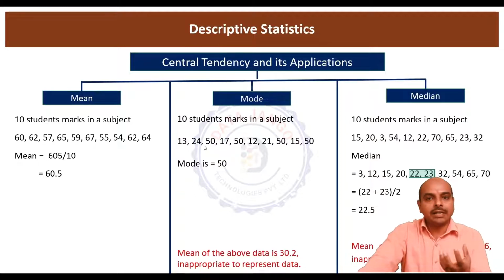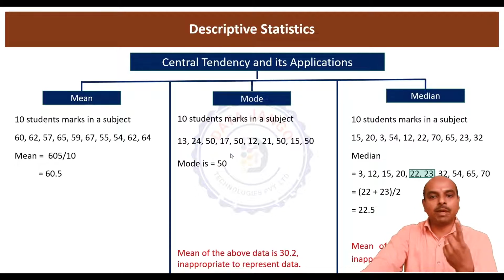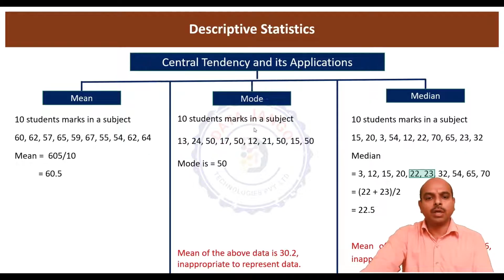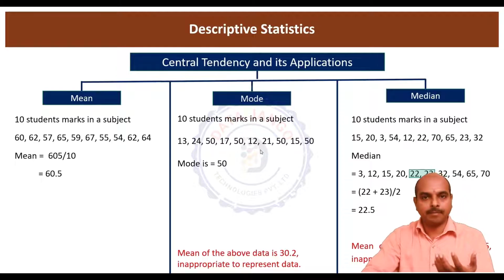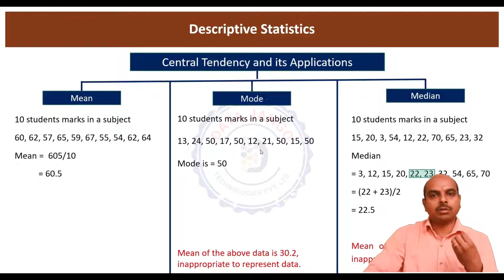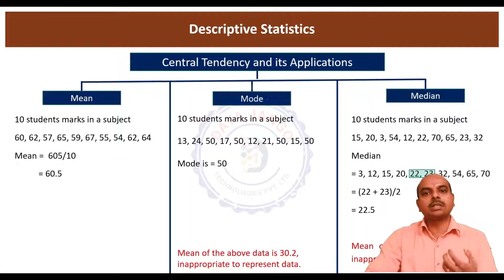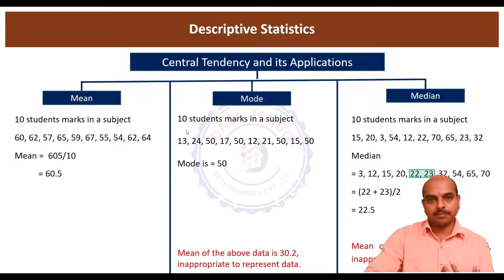So the central tendency we are going to use to explain the data with one number. Here we have got only 10 numbers. Maybe it is okay even if you don't take mean, median, mode. If you want to understand all the students in a country, the way the students are studying a particular subject, then you need statistical measures. So that's about the basic statistics, different types of statistics, and central tendency.